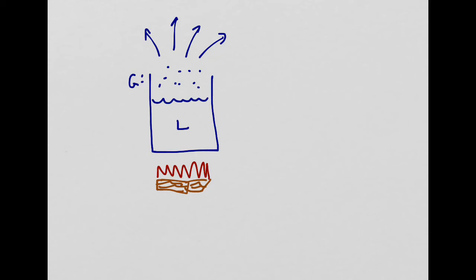However, imagine instead of having an open-topped container, I were to seal this container and close it off so that if anything boiled off, it would actually get stuck inside this small space right here above the water and below the cap, the sealed cap that I put in there.